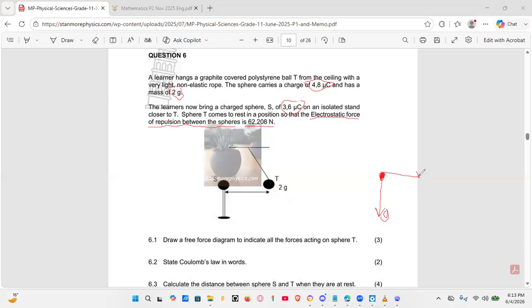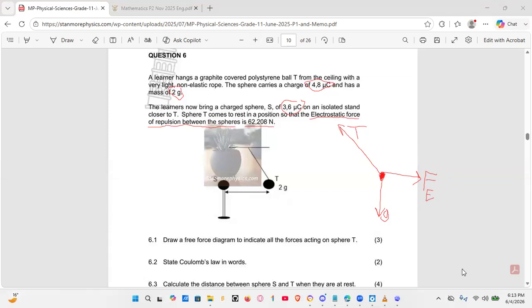That's why it's moving away. That's the electrostatic force. I think it's Fe. Then you don't have to draw the tension in 2D, you just draw a tension. You have to have three marks, three forces.